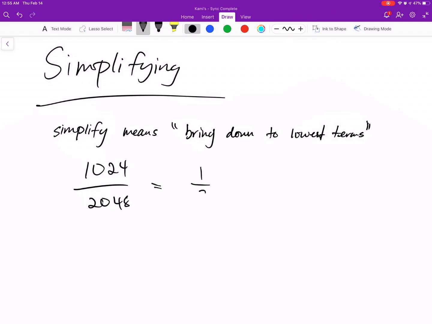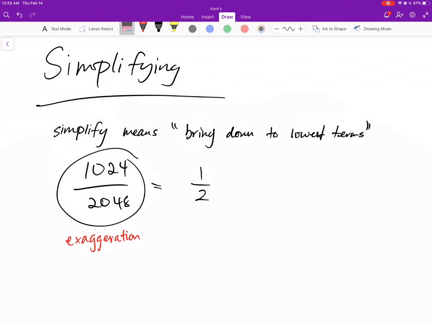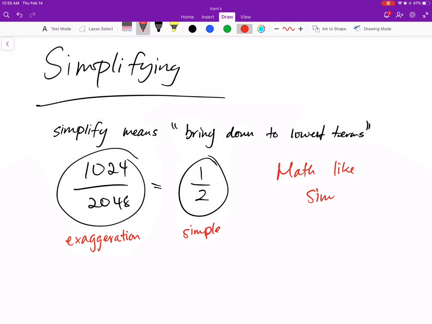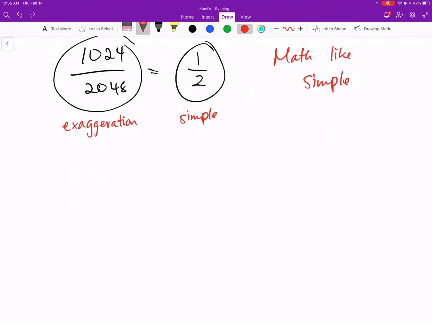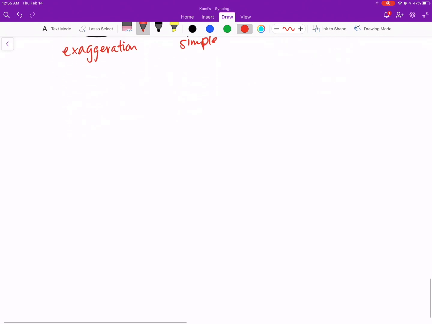But that's really just 1/2. This is an exaggeration. This one is simple. And being a math major, math likes simple. Math likes simple.